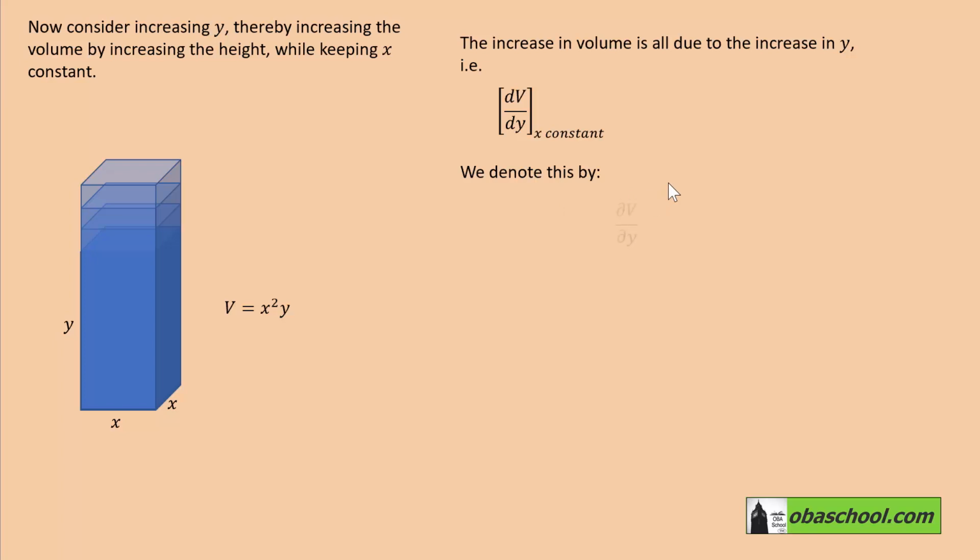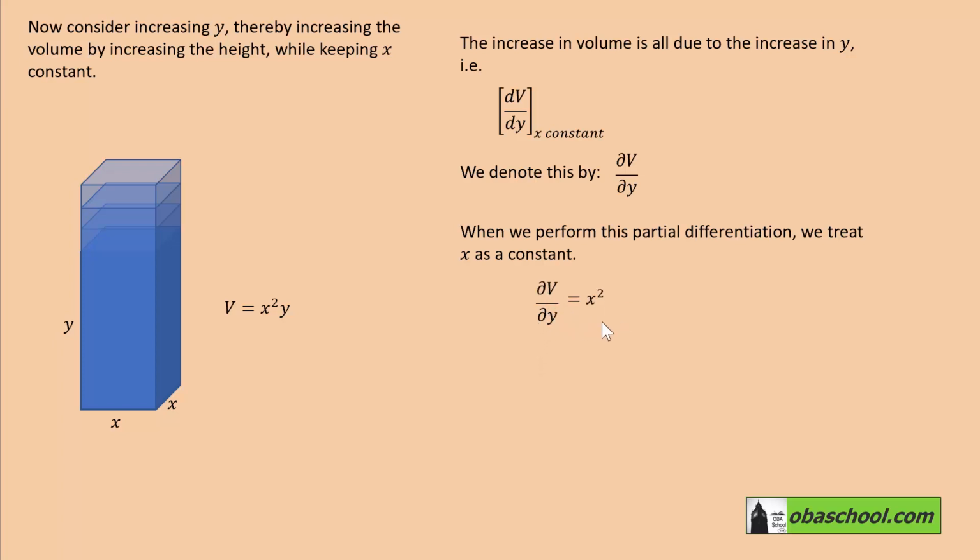We denote this by dV/dy with the curly d. When we perform this partial differentiation, we treat x as a constant. dV/dy is therefore equal to x squared.